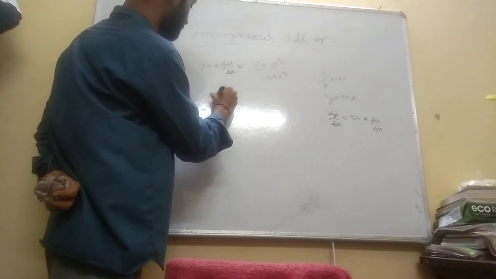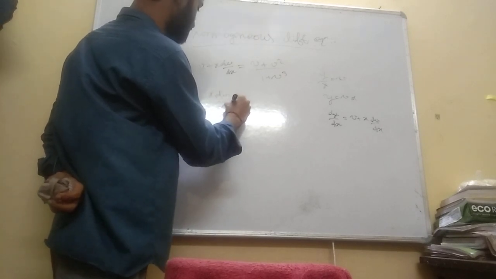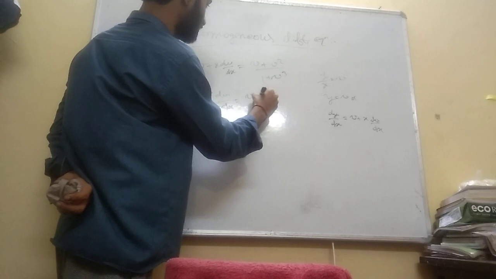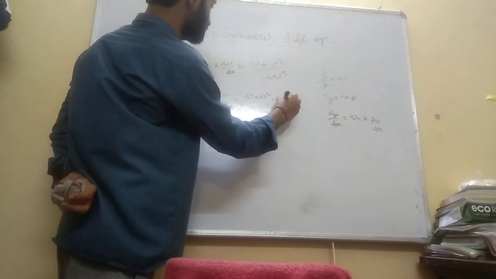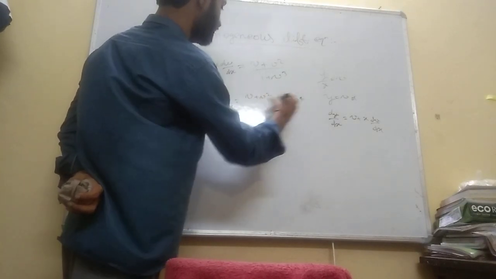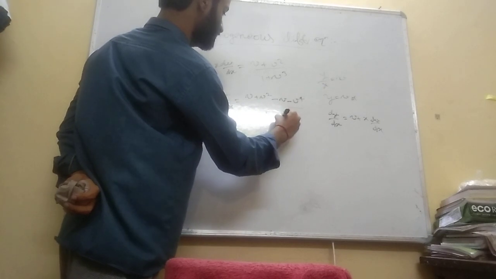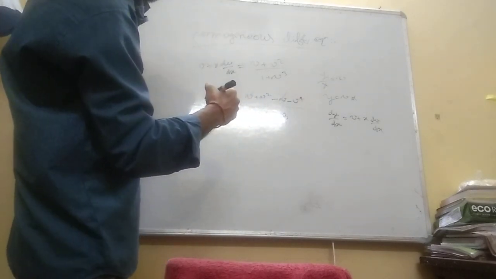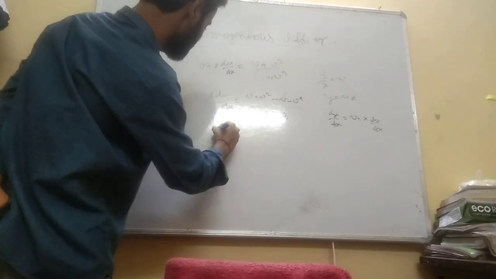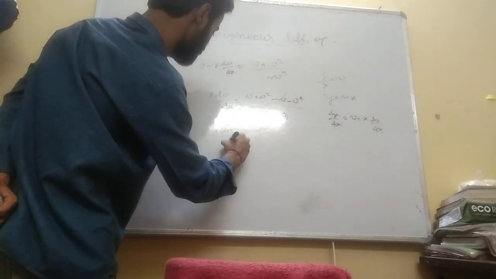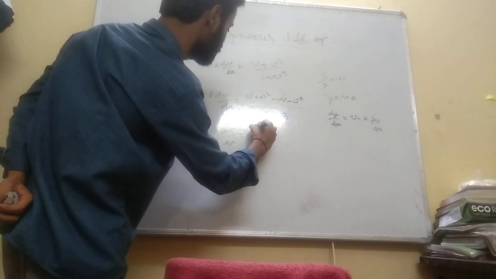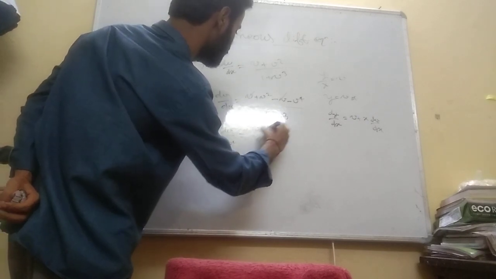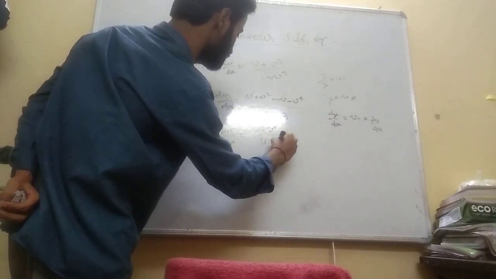x dv by dx is equal to v plus v square minus v minus v to the power 4 upon 1 plus v cube. So v will cancel out, and we will get x dv by dx is equal to v square minus v to the power 4 upon 1 plus v cube.